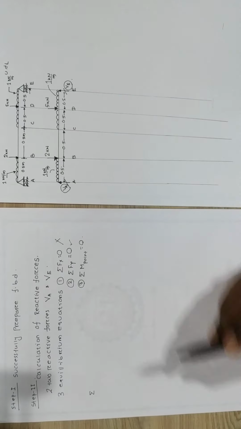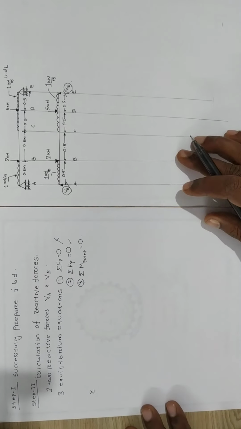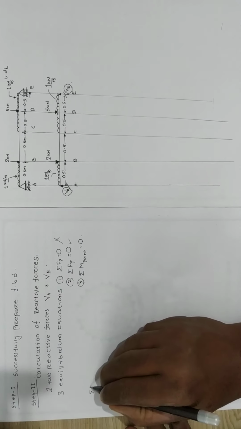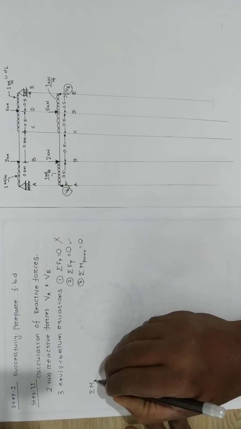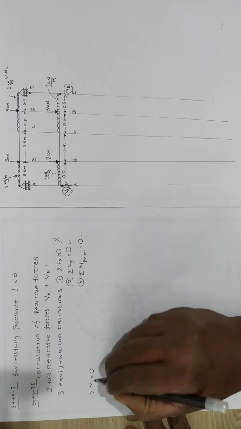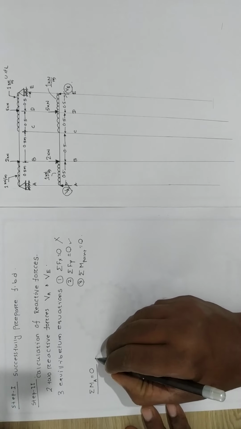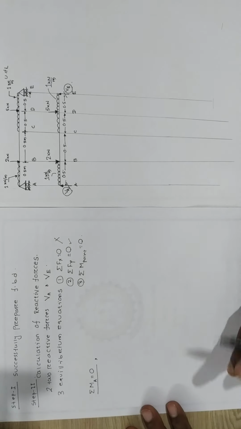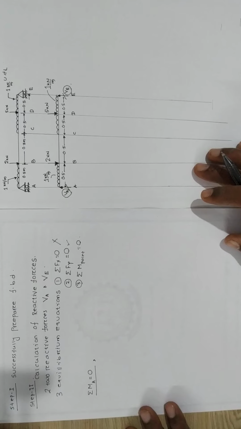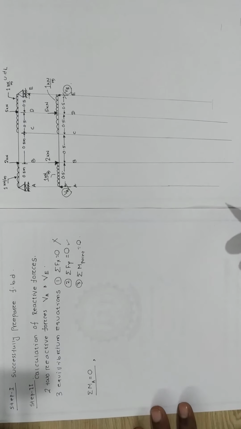Okay. So I am taking summation of moment about point A equals 0. So this is the equilibrium equation. Then by the side of the equilibrium equation, you must give the sign convention. Because two types of moments can be created, one is clockwise, another is counterclockwise.